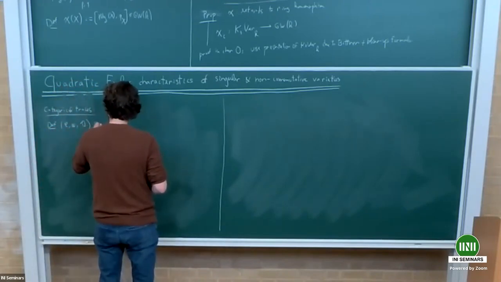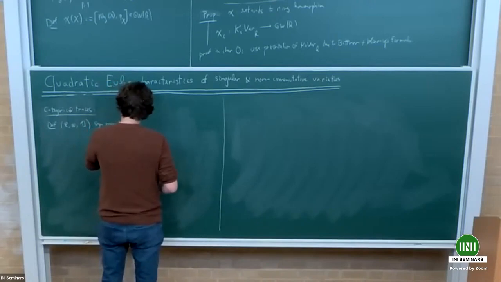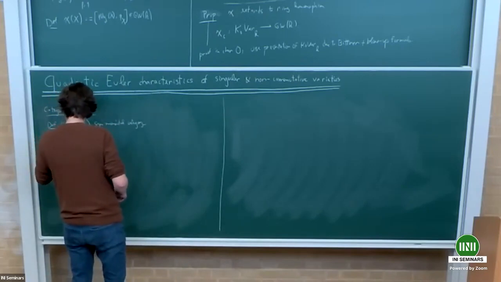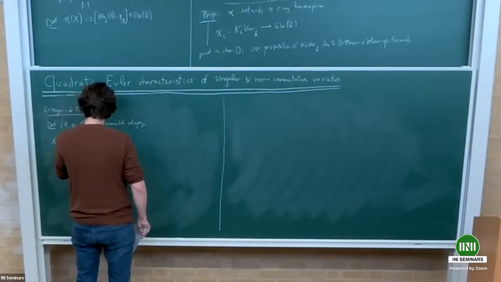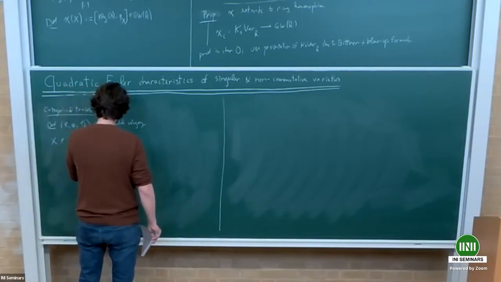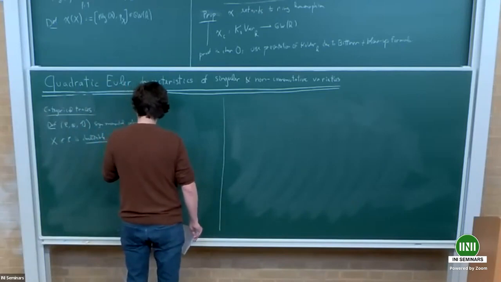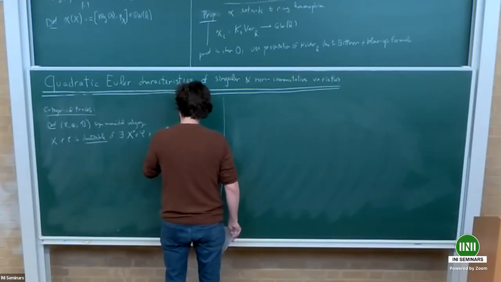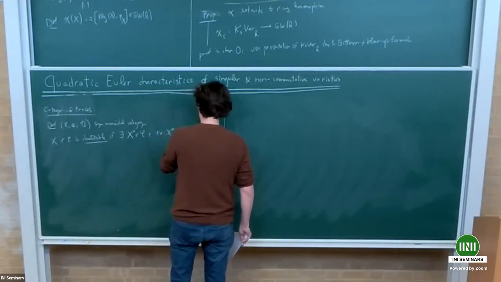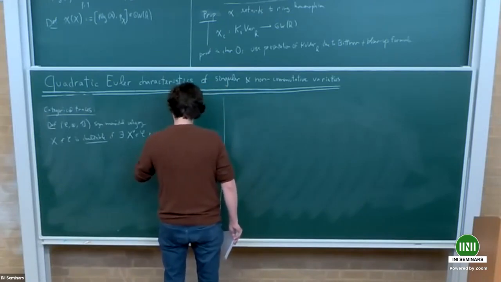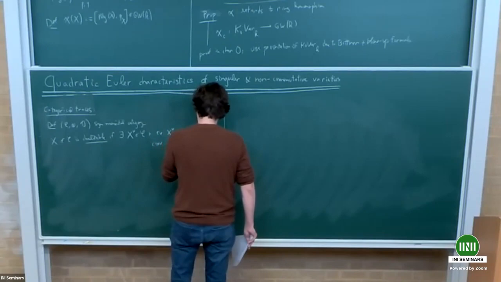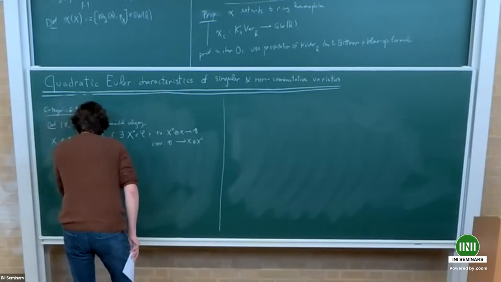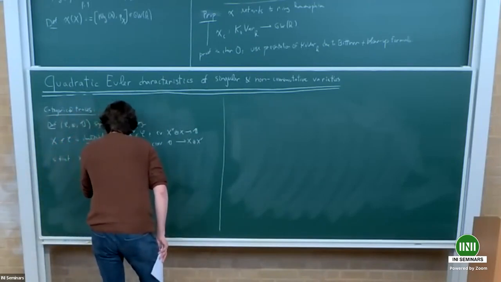If you have a symmetric monoidal category C, you say that an object X in C is dualizable if there exists a dual and maps: an evaluation map from X dual tensor X to the unit object, and a co-evaluation map, such that you have a triangle identity.